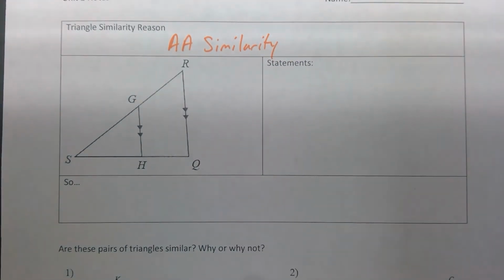Because triangles only have 180 degrees, if we know two angles, we can always find the third angle. And we know similar figures have congruent angles. So let's go and look through this one. There's a few things that we can do here on showing that this pair of triangles is similar.